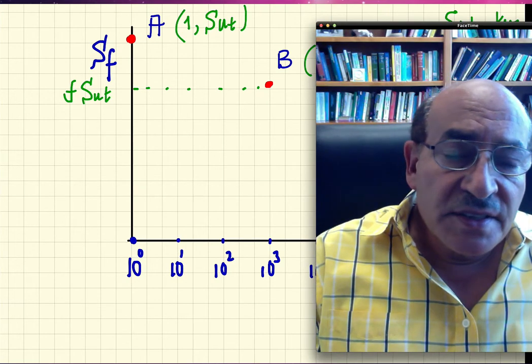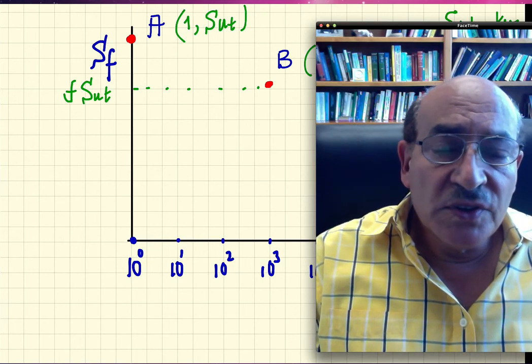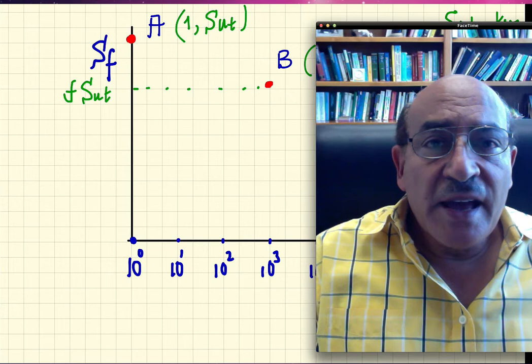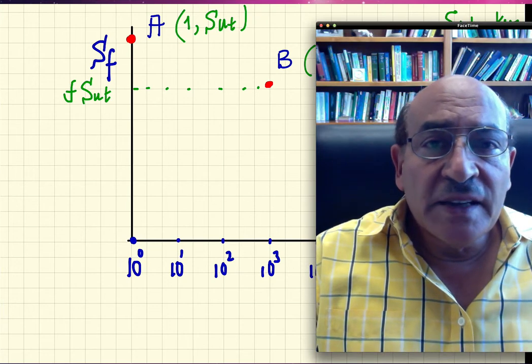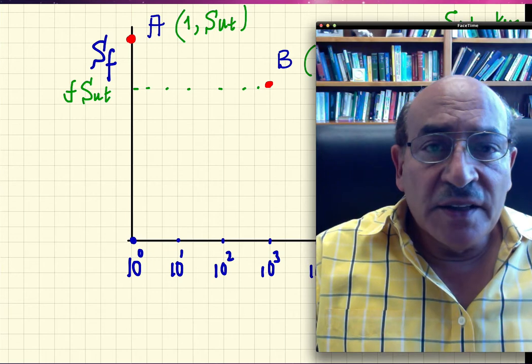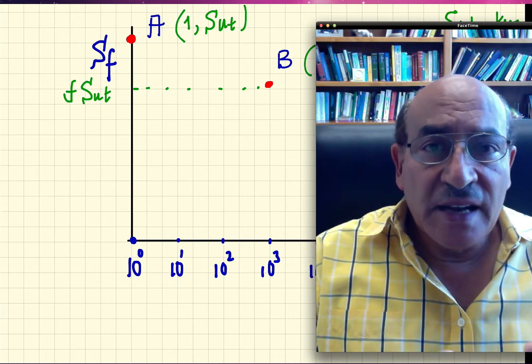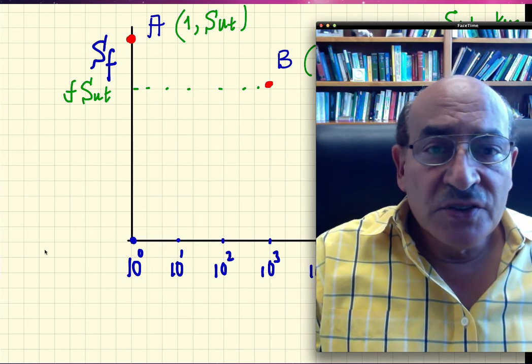If we don't find it, then we just divide S ultimate by 2 to get the endurance limit, and then we will find this factor that relates the amplitude at failure at 1,000 cycles to the ultimate strength.